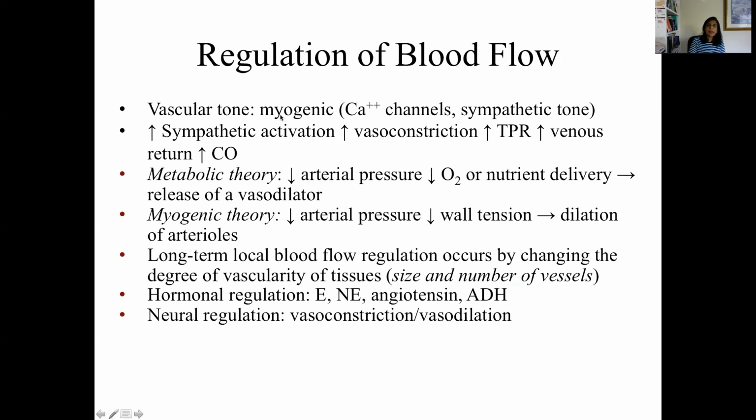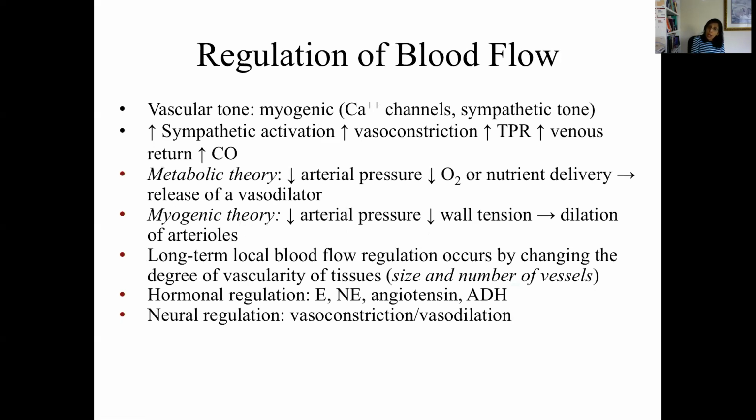Myogenic theory, again, we are coming back to the smooth muscle behavior: decreased arterial pressure, decreased wall tension. If there is less blood pressure, there is less constriction. The less pressure, less tension, there is more dilation of the vessel. So the pressure can also change the vasodilation or vasoconstriction.